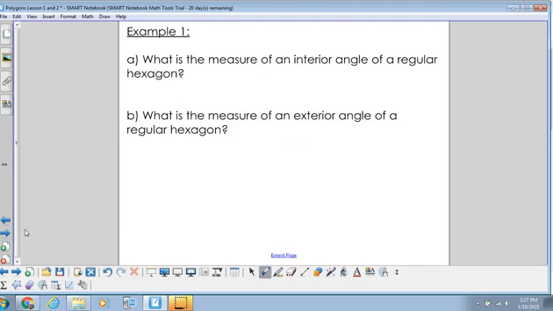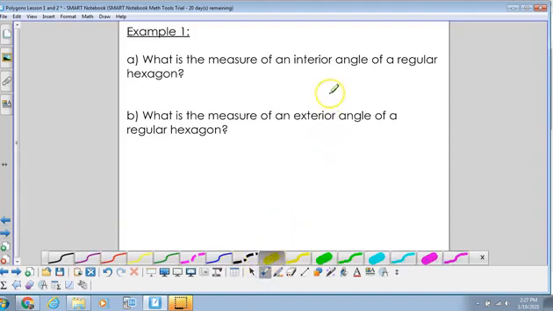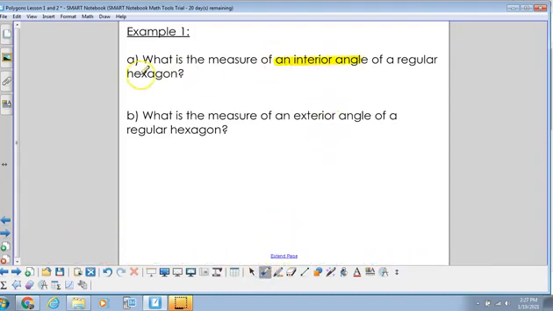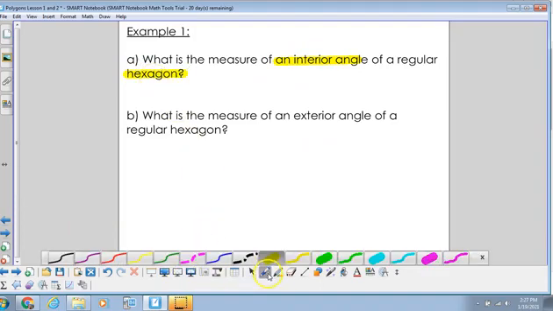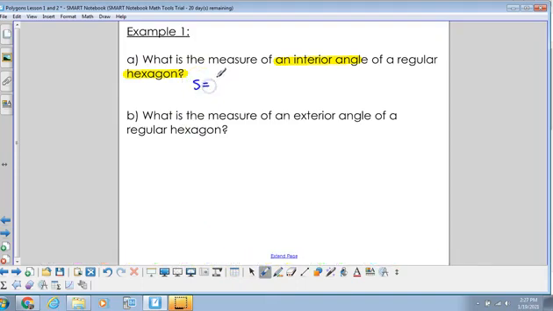Okay, let's do a couple more examples. What is the measure of an interior angle of a regular hexagon? Okay, make sure what we're being asked. An interior angle, and it's a hexagon. So hexagon, 6 sides. All right, an interior angle, let's find our sum. N minus 2 times 180.